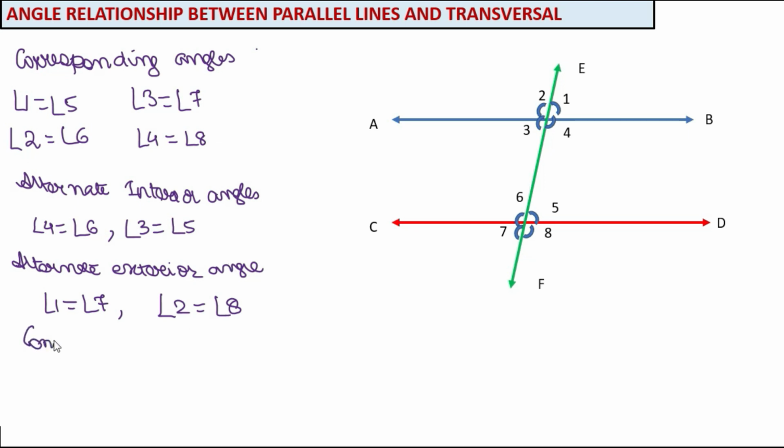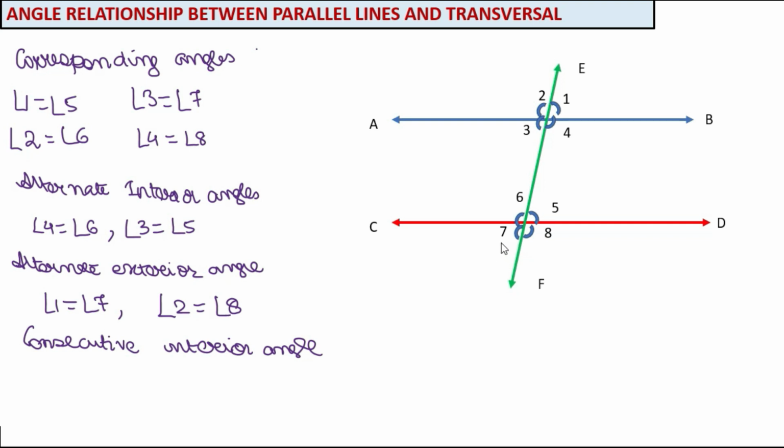Also, we have another term, that is consecutive interior angles. Consecutive means one after the other, and interior means lying in between the parallel lines. So, angle 4 and angle 5 are consecutive interior angles, and angle 3 and angle 6 also make consecutive interior angles.